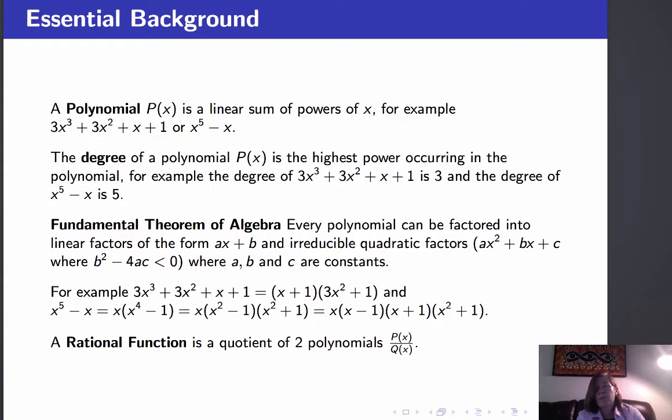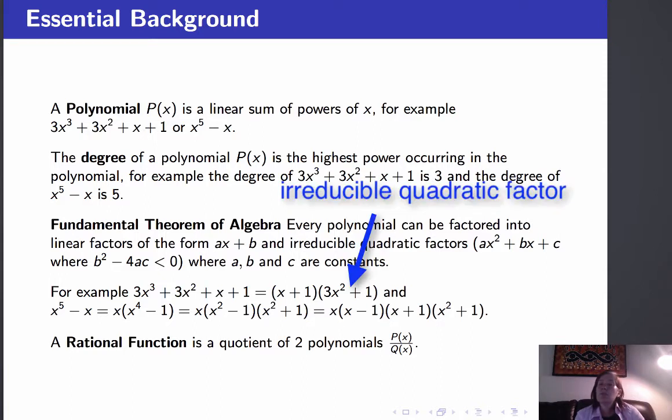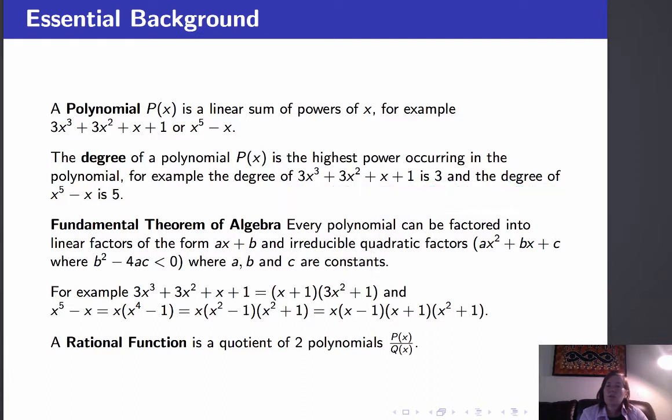So, for example, in 3x cubed plus 3x squared plus x plus 1, if I pull out an x plus 1, I get x plus 1 times 3x squared plus 1. x plus 1 is a linear factor with a equal to 1 and b equal to 1, and 3x squared plus 1 is an irreducible quadratic factor, because here a is 3, b is 0, c is 1, and b squared minus 4ac is minus 12, which is less than 0.